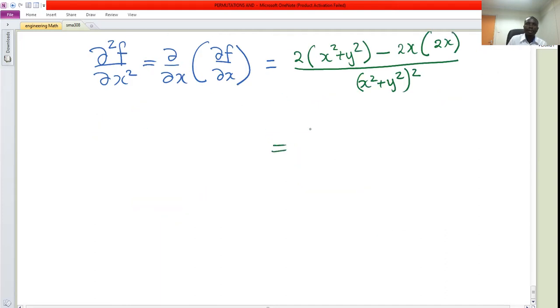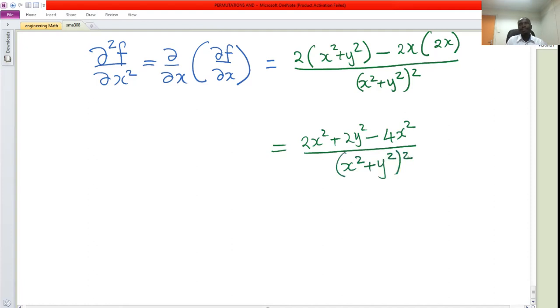When you simplify, you have 2x squared plus 2y squared minus 4x squared, everything divided by x squared plus y squared, squared. Now this gives 2y squared minus 2x squared, since 2x squared minus 4x squared is minus 2x squared, over x squared plus y squared, squared.